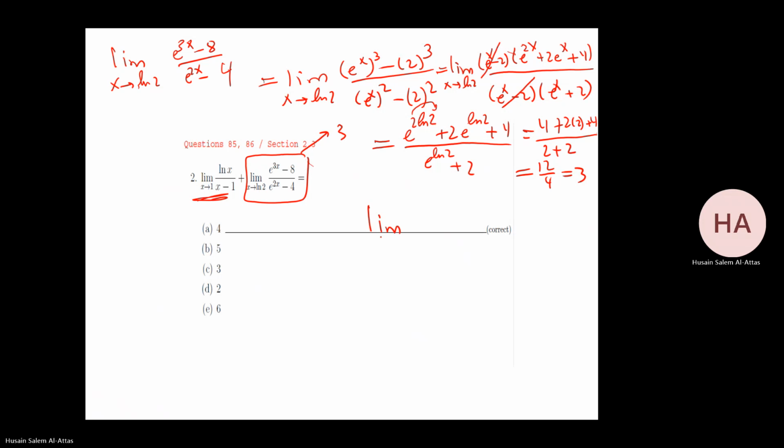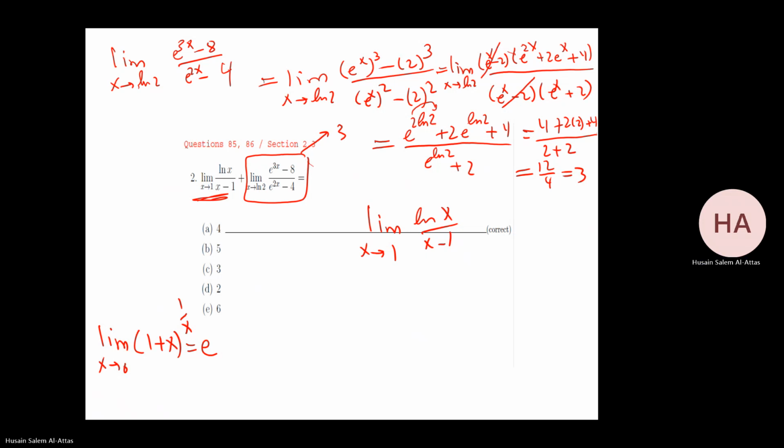The limit as x goes to 1 of x to the power 1 over x minus 1. What I have is the formula, don't forget the formulas you have in your mind. The limit as x goes to 0 of 1 plus x to the power 1 over x. I don't need the a in this case. That will be e.